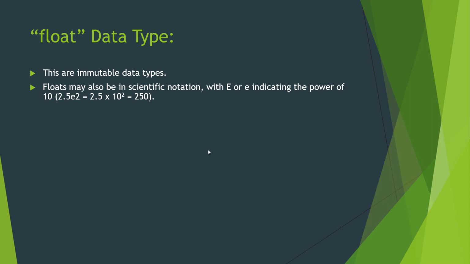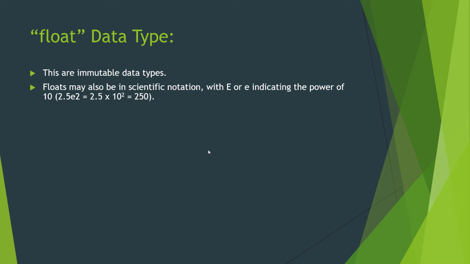Floats may also be in scientific notation, meaning we can use E for indicating power. Now let's say 2.5E2, it means 2.5 into 10 raised to 2, which gives the answer 250. We can use E instead of 10 raised to 2.